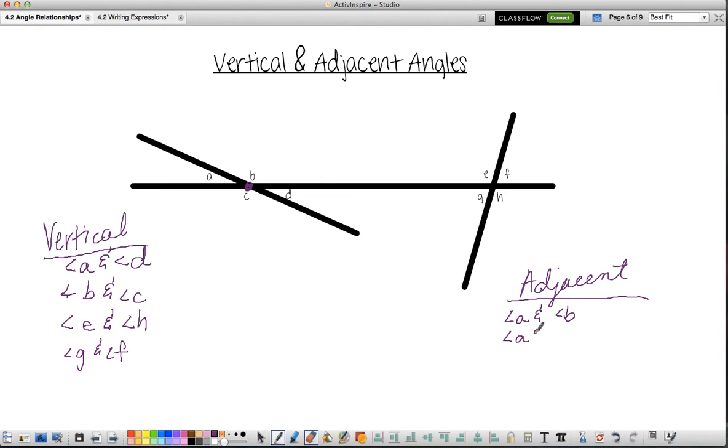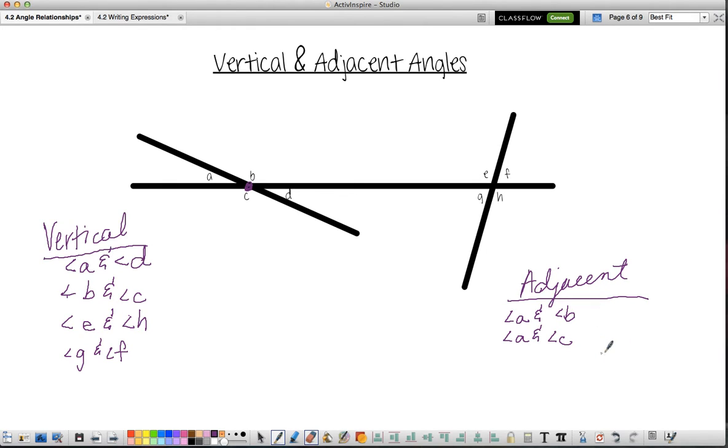Angle A and angle C, so it shares this side right here with angle C, those are also adjacent. Now, you can't say that all 3 are adjacent to each other because B and C are vertical. It means that they don't touch. The only thing they share is that vertex. So adjacent angles can only be adjacent with each other, not with a third.